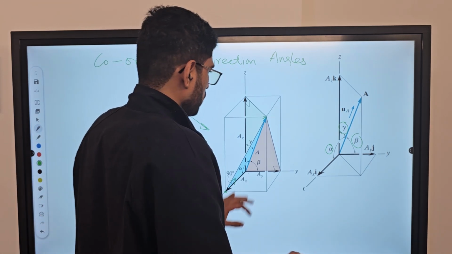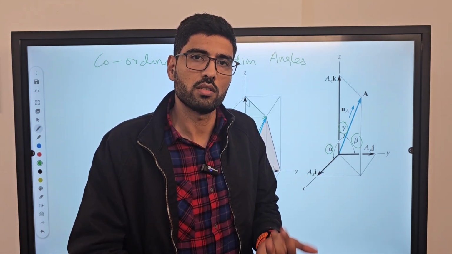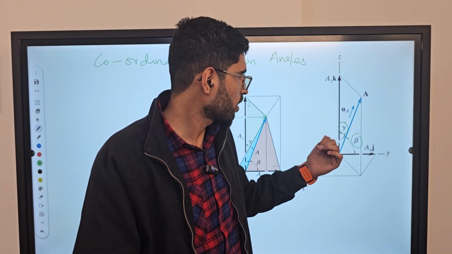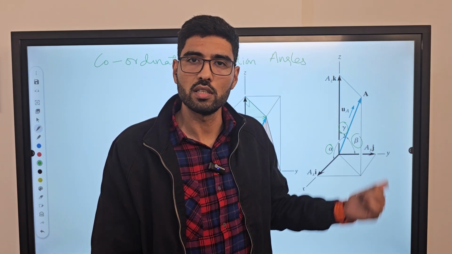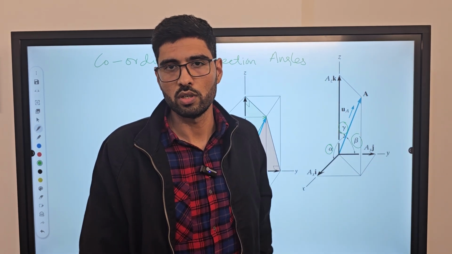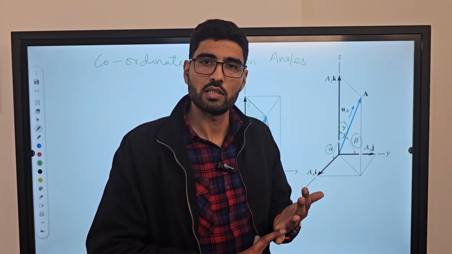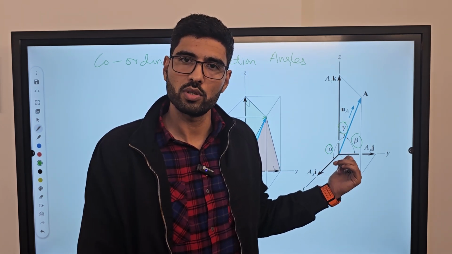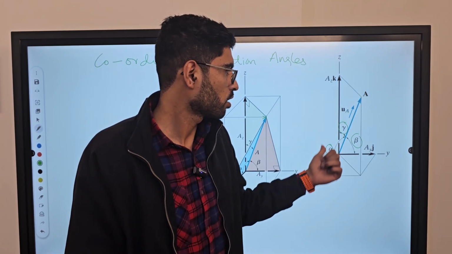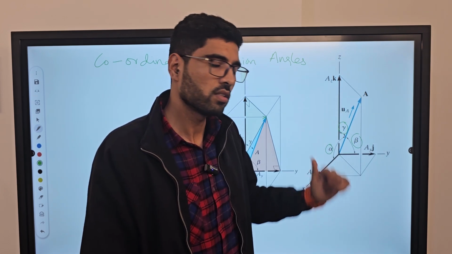So if we know that alpha, beta, and gamma are the angles of a given vector with the x, y, and z axis respectively, then we can close our eyes and say that AX is the cos component in terms of the angle given with that component, which in this case is alpha. So AX is A cos of alpha, AY is A cos of beta, and AZ is A cos of gamma.